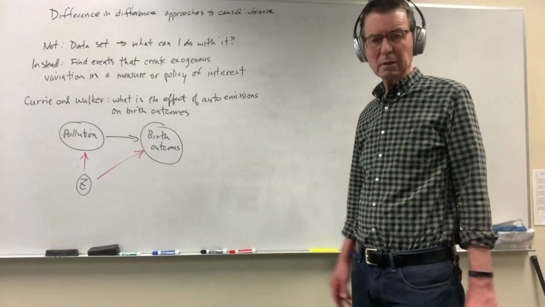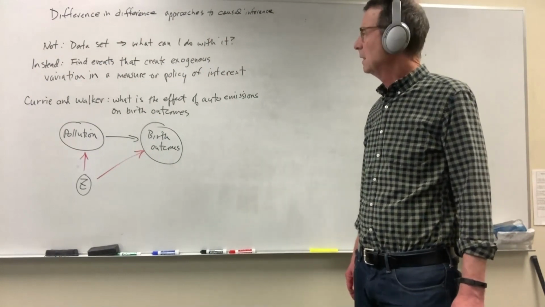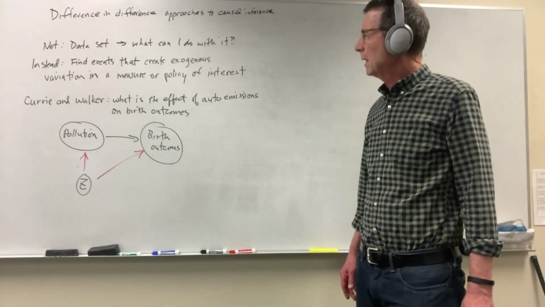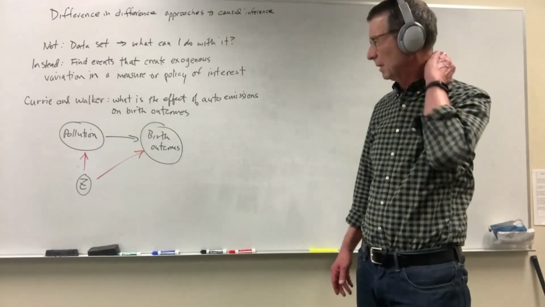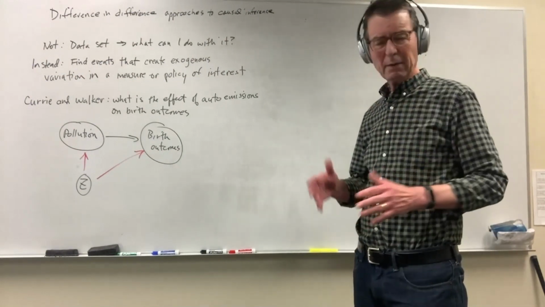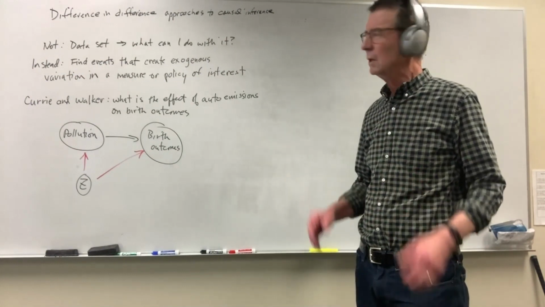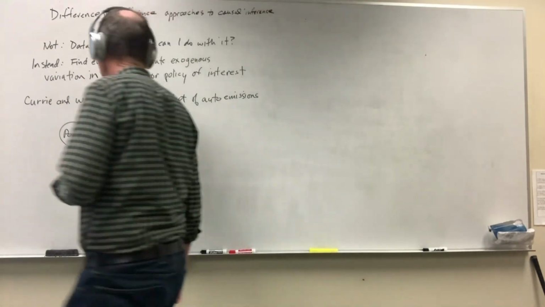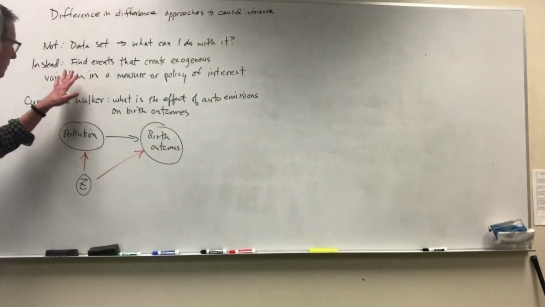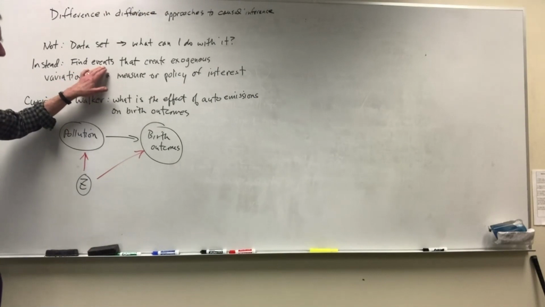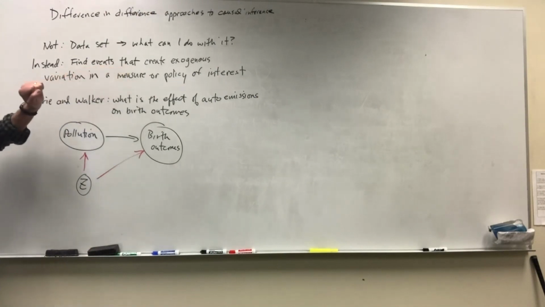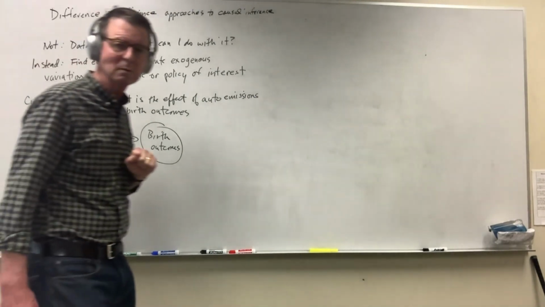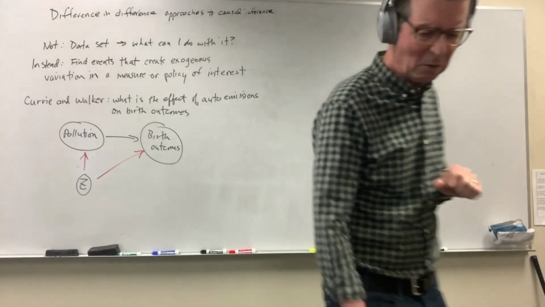And a lot of really good work has come out of that. But what difference in difference and, more generally, quasi-experimental approaches do is turn that on its head. So it's first thinking of events, policy events, or other kinds of events that create exogenous variation in a measure of policy interest.